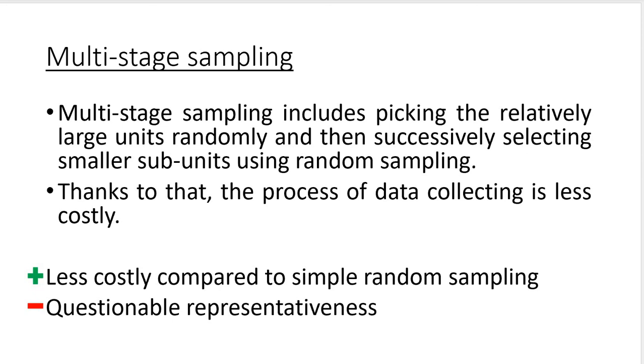So if you go for this multi-stage sampling, your result might be biased because typically people from different regions have different political views and different preferences. So here, just by mistake, you can pick the city or town where people are extremely right or extremely left, for instance. So yeah, again, it's applied because it's less costly compared to simple random sampling, but you also have to realize the disadvantage of this method.